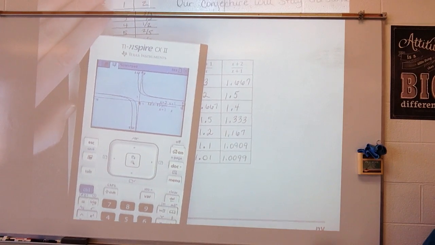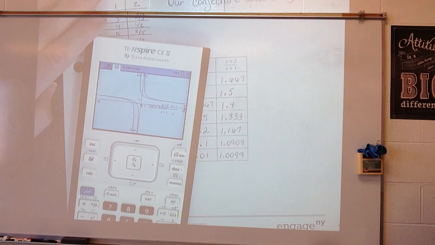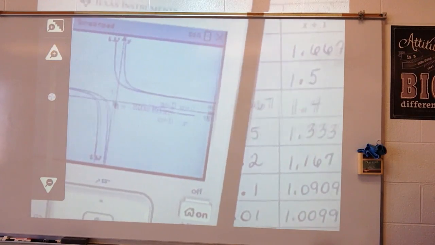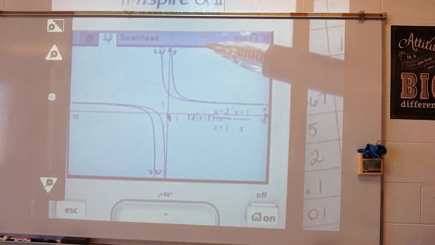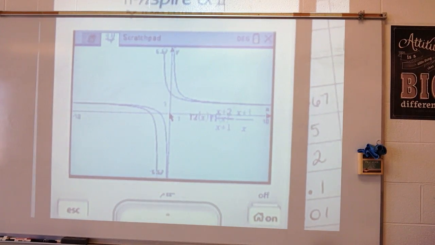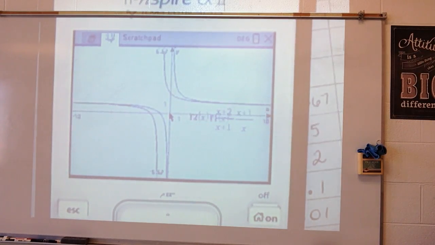Okay, so when I graph these, I want you to see the blue graph, this graph right here, is my (x plus 1) over x. My red graph, this one here, the outer one, is the (x plus 2) over (x plus 1).